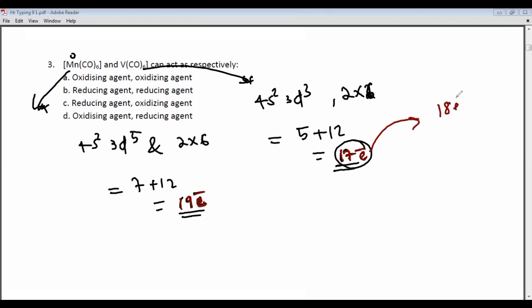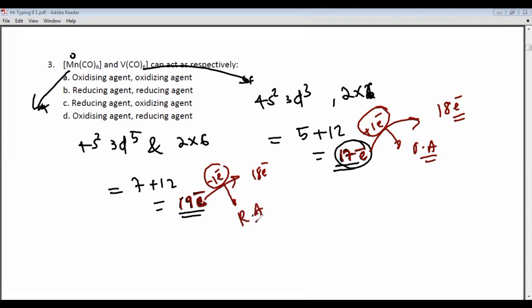If it has 18 electrons, which means if it absorbs 1 electron, it becomes stable. So it has a ready tendency to accept 1 electron, reduction. So this will be an oxidizing ion. And the other has to become 18 electron when it loses that electron. So this has a tendency for oxidation, so this acts as a reducing agent. So the first one acts as reducing and the second one acts as an oxidizing ion. That is the actual answer. Okay, choice C.